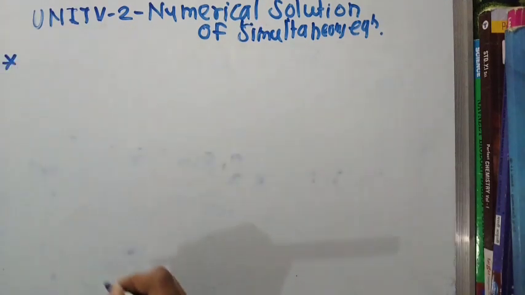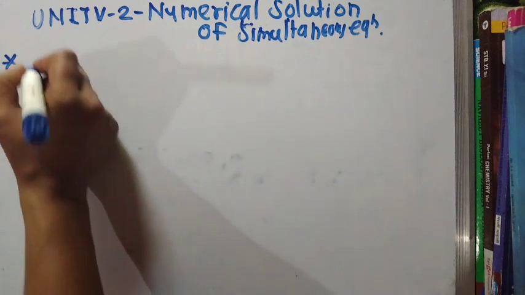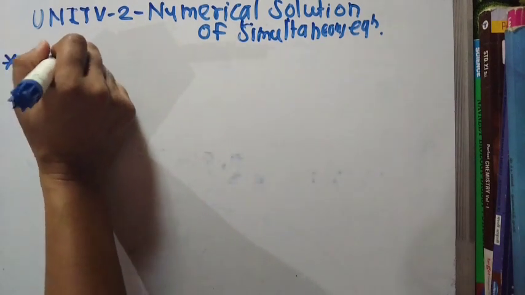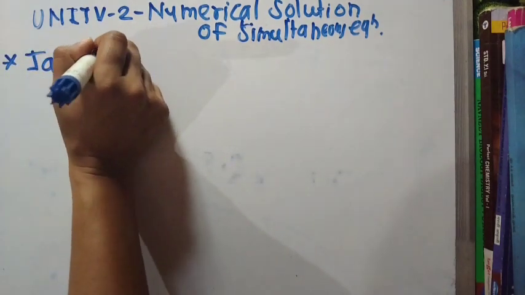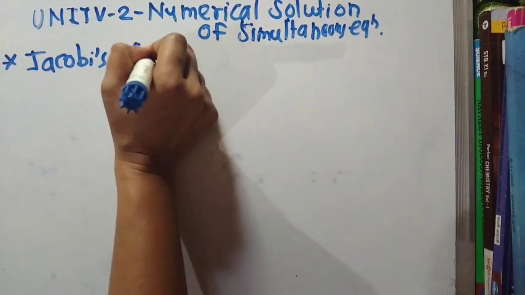Then the second method is Jacobi method, Jacobi's method of iteration.